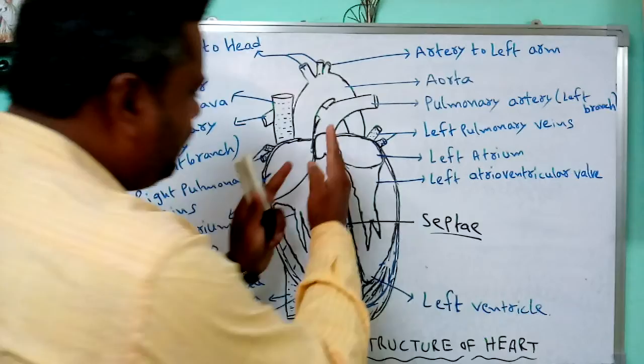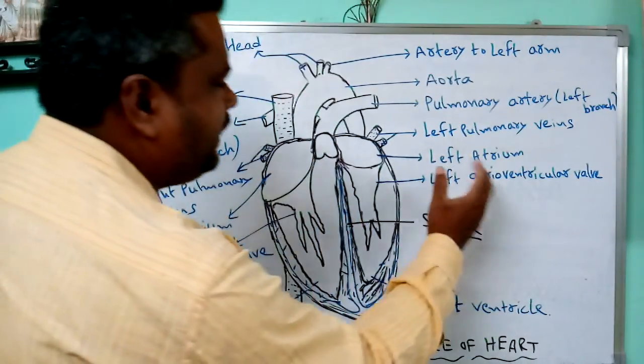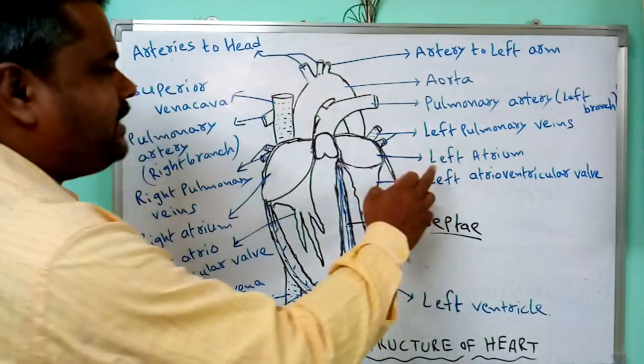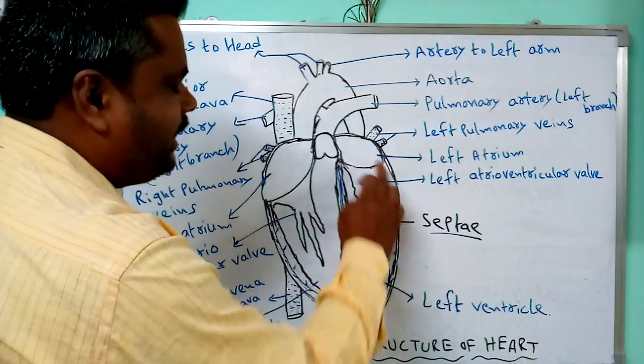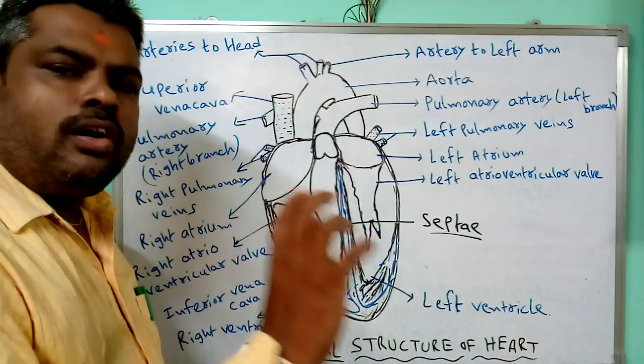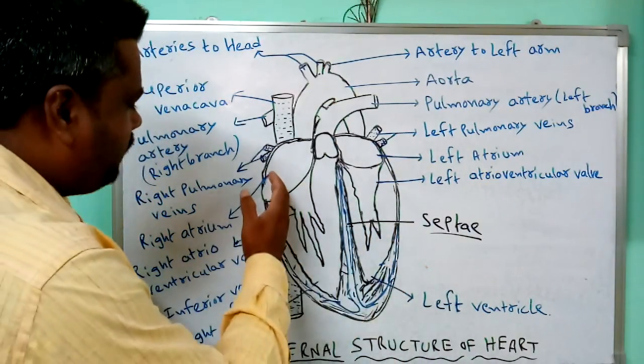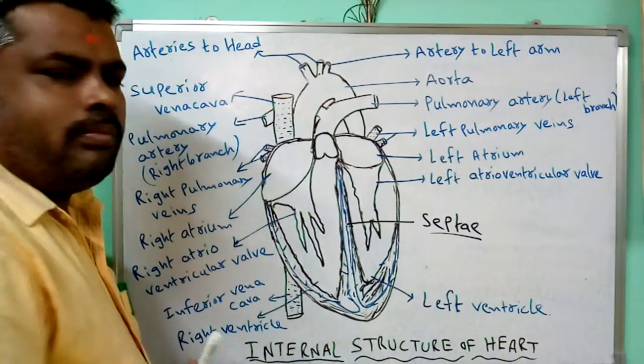Next, the chambers present on the left side, that means the left atrium and left ventricle, are both smaller in size when compared to the right side chambers.